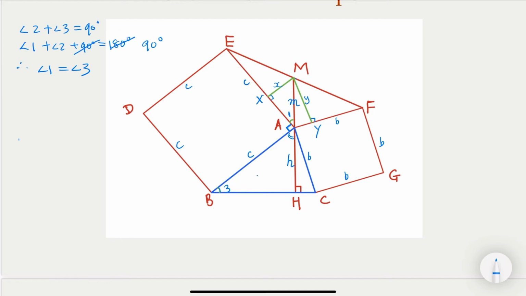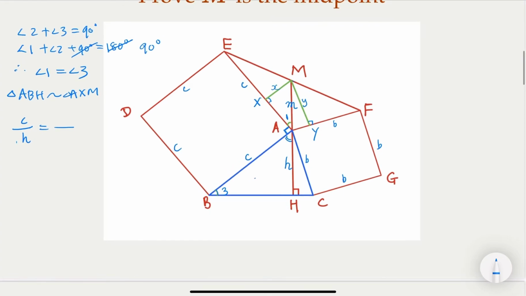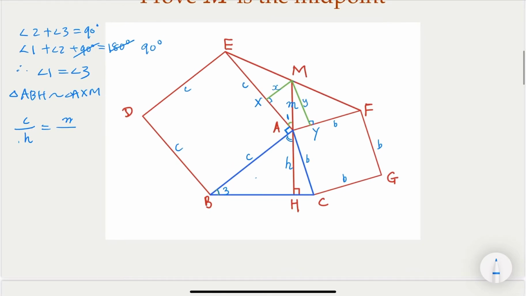Since two triangles are similar as we marked earlier, the corresponding sides I'm interested in are H and C from triangle ABH, right? So ABH is similar to AXM. So here I'm going to have the sizes C and H, the corresponding one, and the corresponding C would be M, right? M and X.